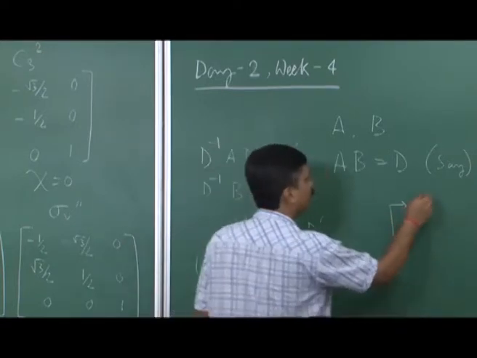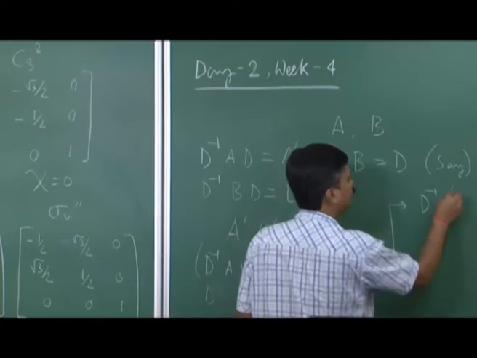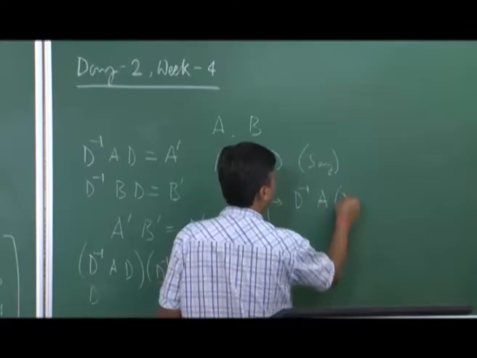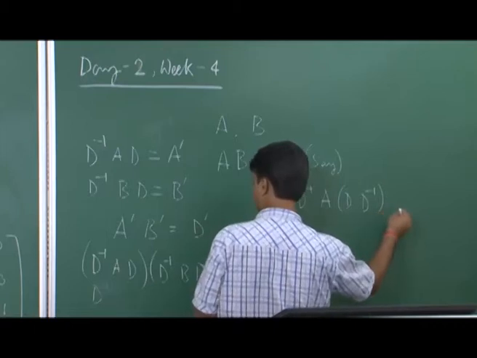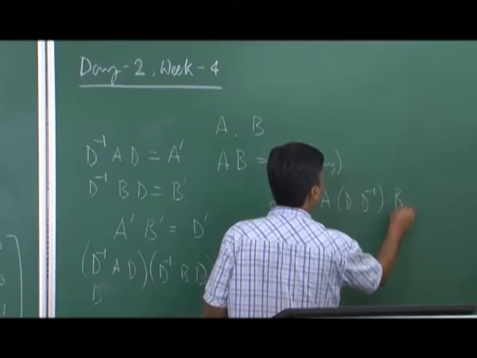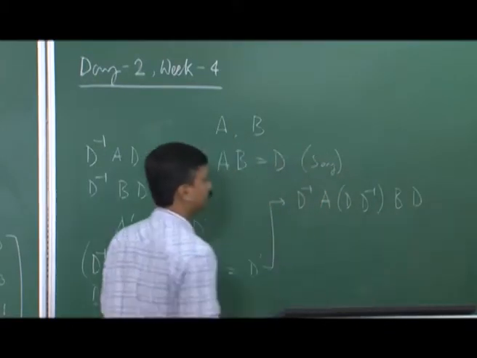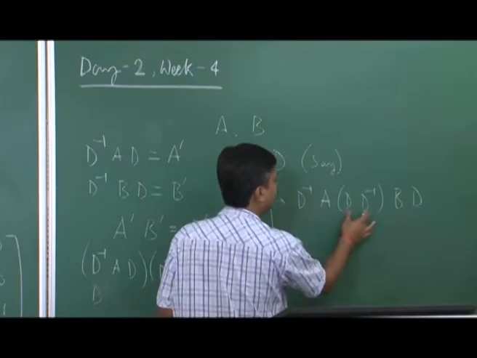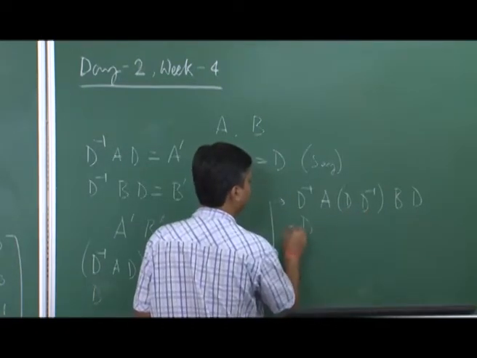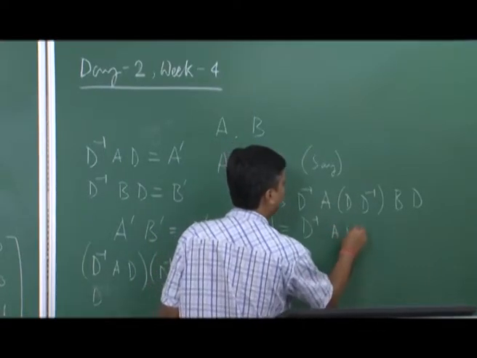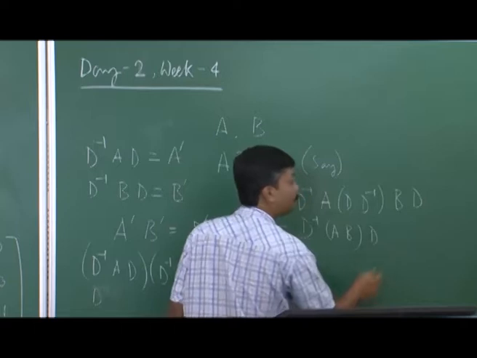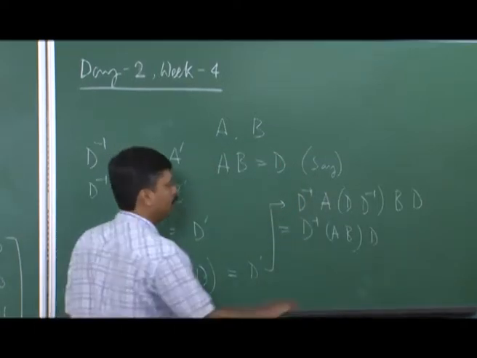So D inverse A, D, D inverse B T. So this part is identity. So therefore I can write this is equal to D inverse A B D. Fine.